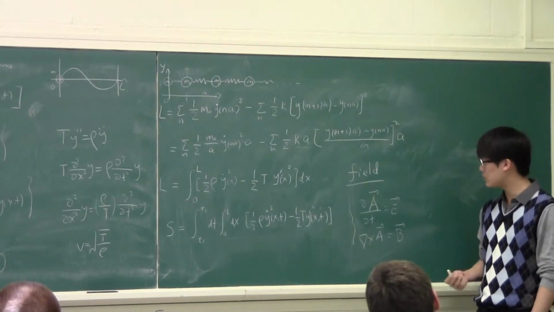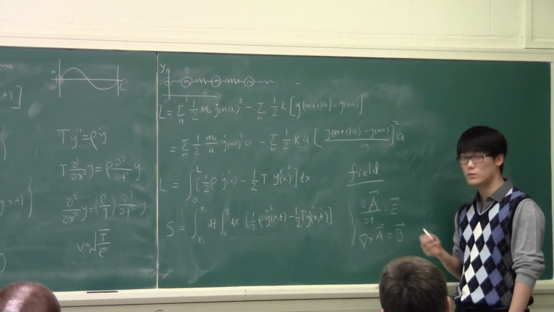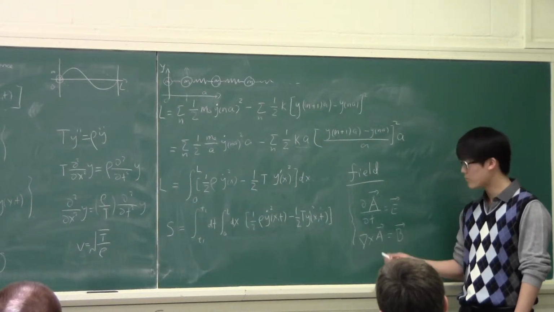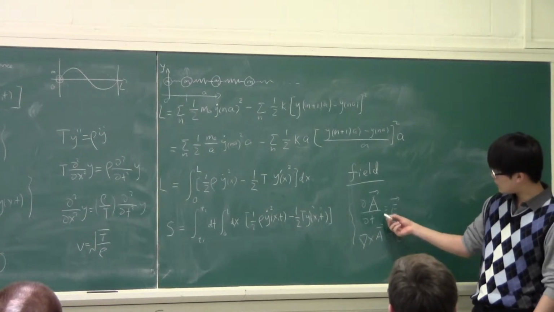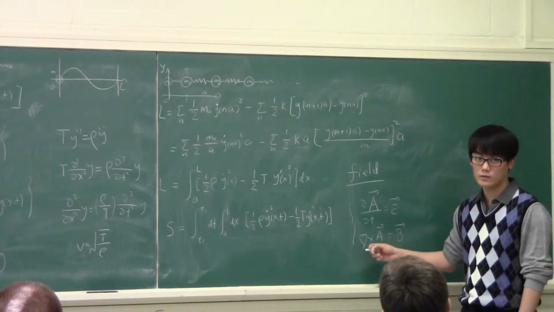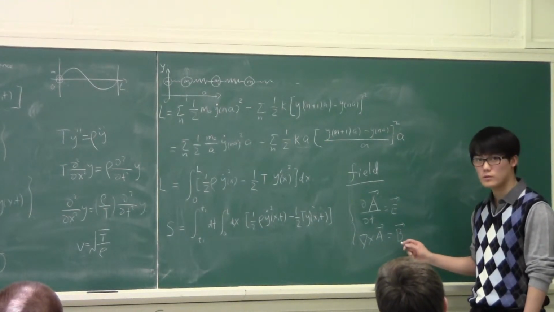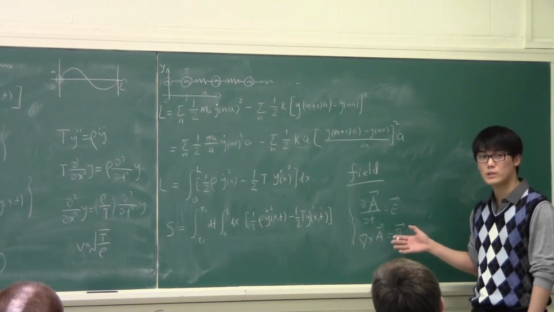So the vector potential is some kind of a field, and its time derivative gives you E. So the energy associated with the E field can be likened to a kinetic energy. And the spatial distortion of the field associated with the vector potential gives you the magnetic field, and the energy associated with the magnetic field is some kind of a potential energy.